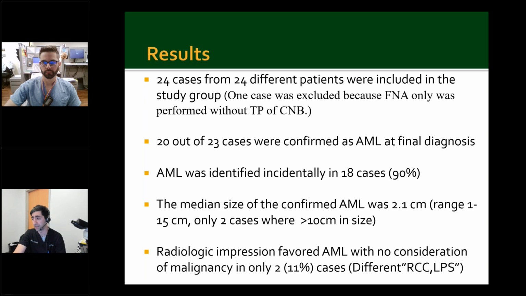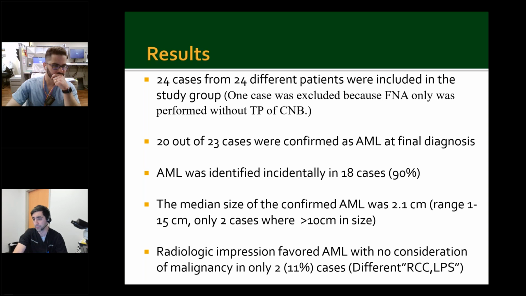It is worth noting that in 90% of the cases the angiomyolipoma was diagnosed incidentally, either asymptomatic, where the patient didn't have any symptoms, or with symptoms unrelated to the renal mass, such as chest pain, hematuria, diarrhea.